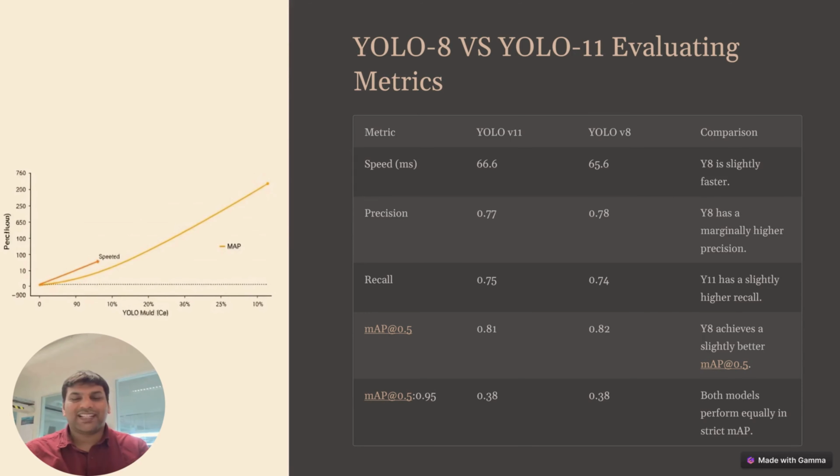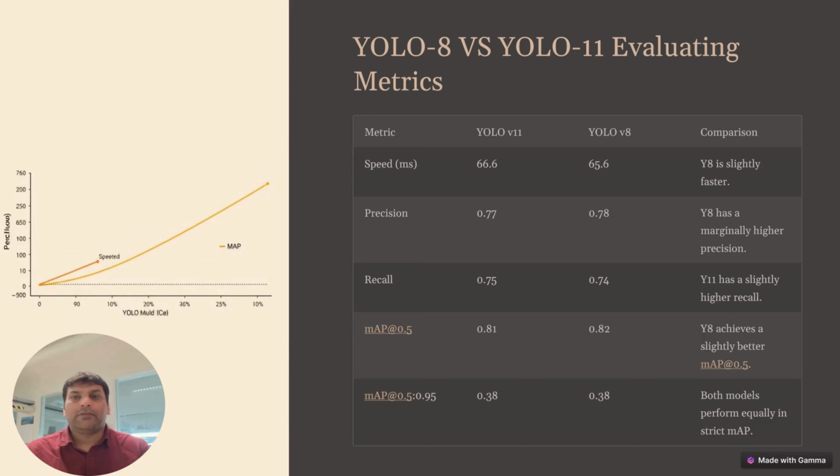Okay, now let's compare YOLO 8 and YOLO 11. To evaluate our models, we use precision, recall, and mAP, mean average precision. So we compare using speed, precision, recall, and mAP evaluation metrics.